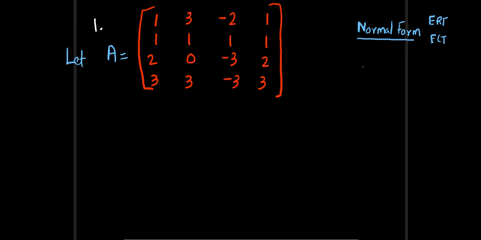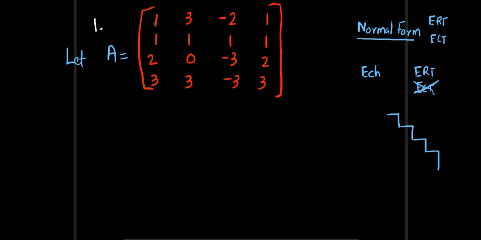And today we are going to try this with echelon form. And in echelon form, what you do is you use elementary row transformation, and don't even think about the column transformation. This is not allowed. And our aim is a matrix in which you'll be able to see the echelon arrangement.